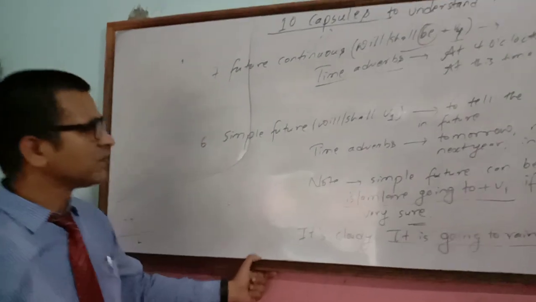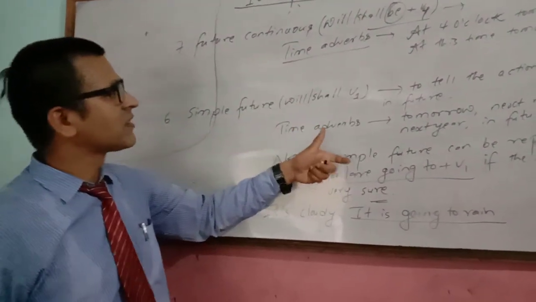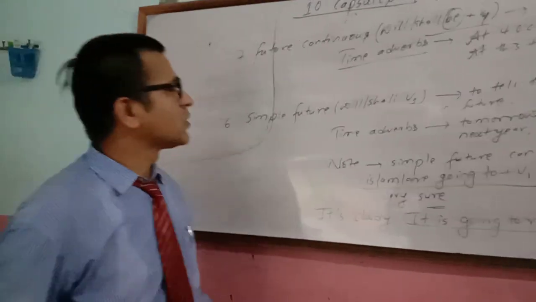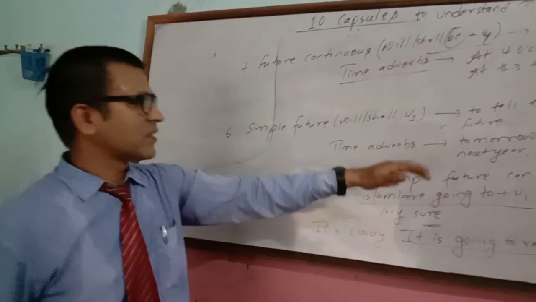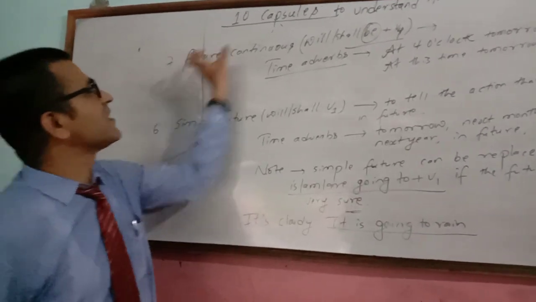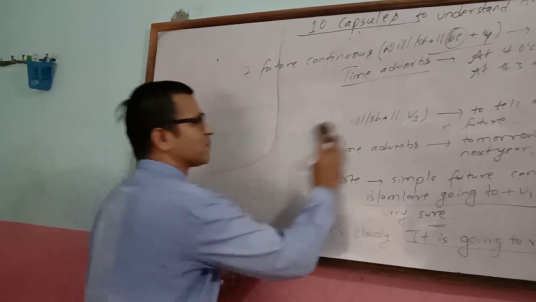For example, I shall be teaching in class 10 at this time tomorrow morning. So at this time, at 4 o'clock, if this comes along with future time verbs, we use future continuous tense. Okay, so don't forget this.